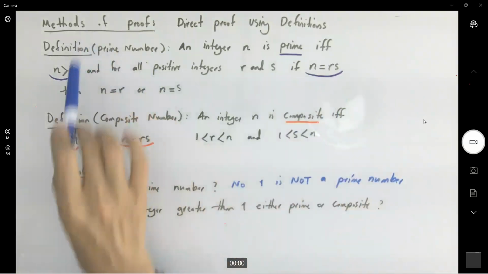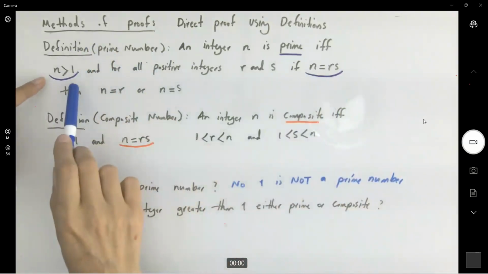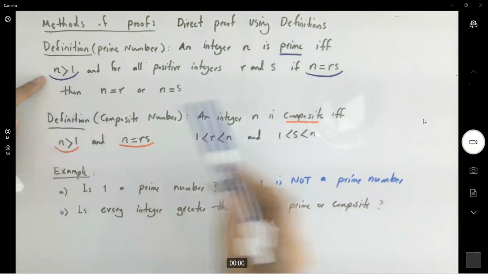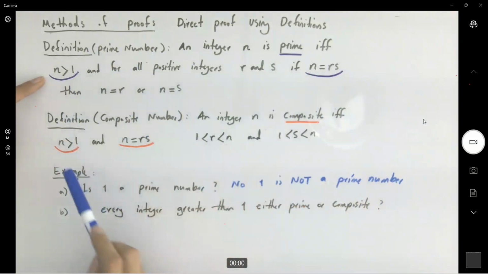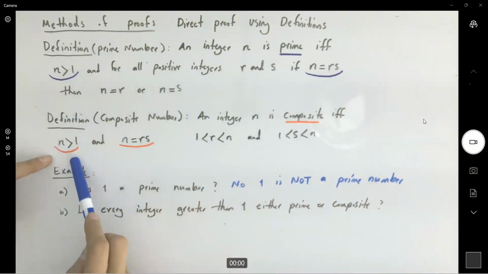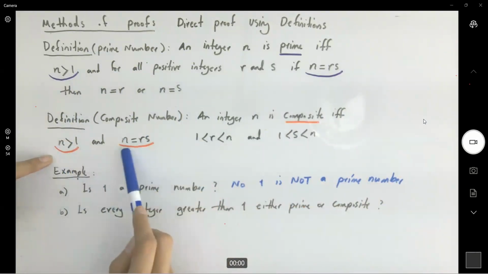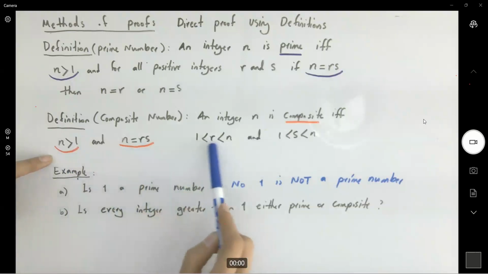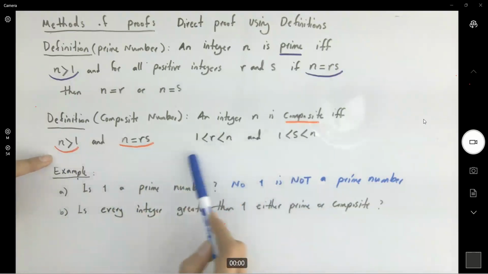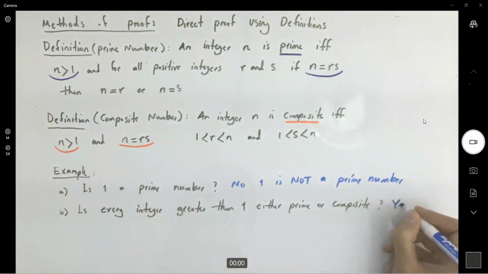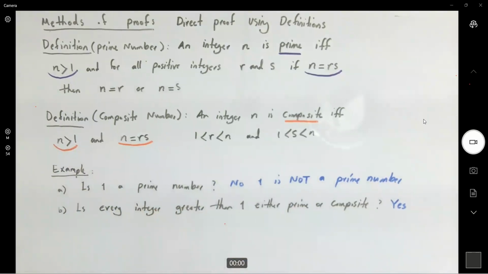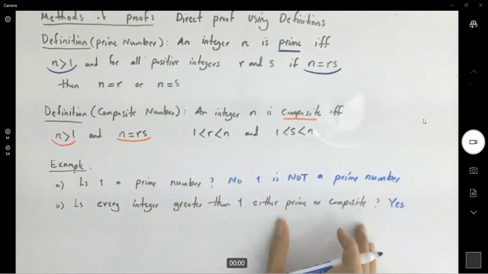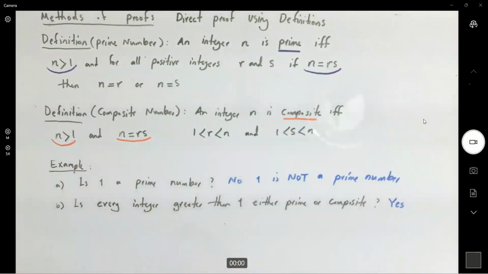We just defined prime numbers for any number larger than 1: for a multiplication of R and S, n is R or n is S. Otherwise, for any integer larger than 1, the multiplication of R and S gives you two factors that are not equal to 1. So the answer is definitely yes. Being prime or being composite helps us to categorize the numbers into two categories.